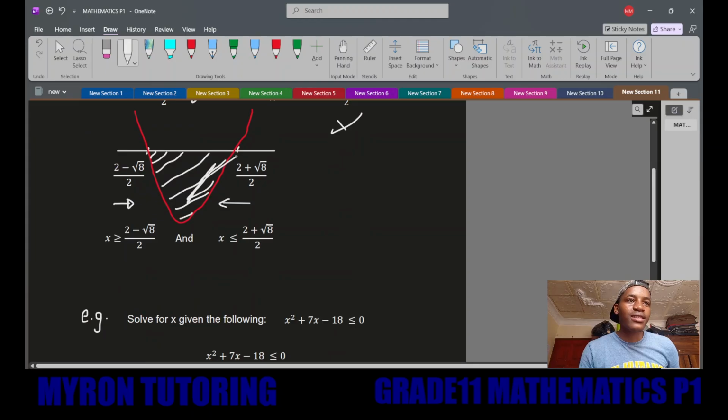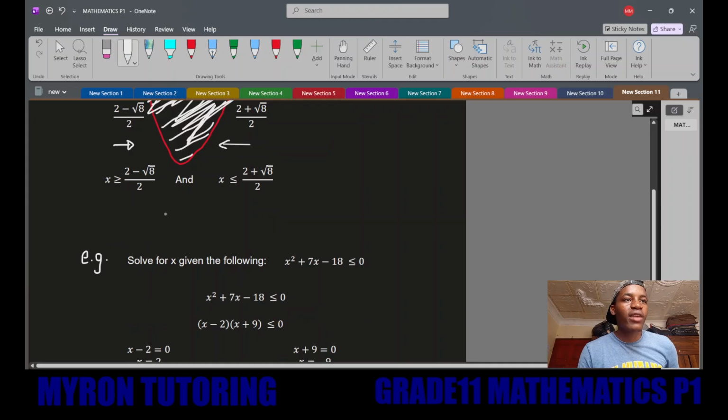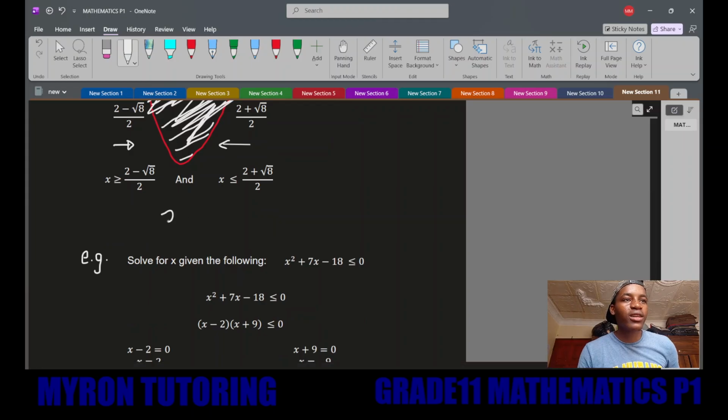It's less than 0 in this closed region, and we know that whenever it's a closed region, the final answer should be like x must be in between 2 plus root 8 over 2, and 2 minus root 8 over 2. We know that we must have something of that kind.